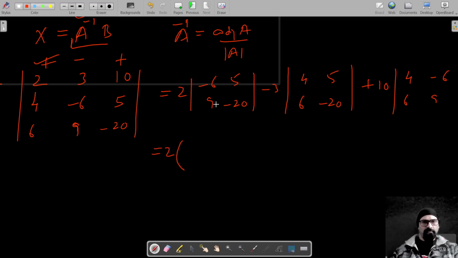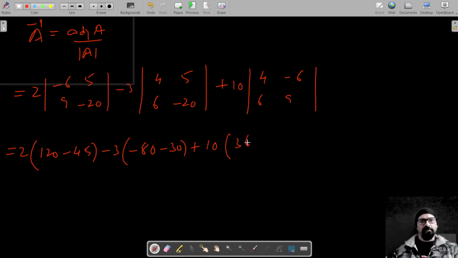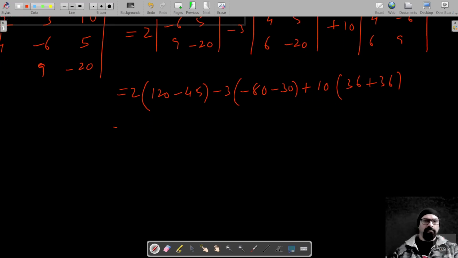Okay, this is now equal to 2 into negative 6 into negative 20 is 120 minus 45, minus 3 into negative 80 minus 30, plus 10 into 36 plus 36. So this gives me 2 into 75 minus 3 into negative 110 plus 10 into 72.